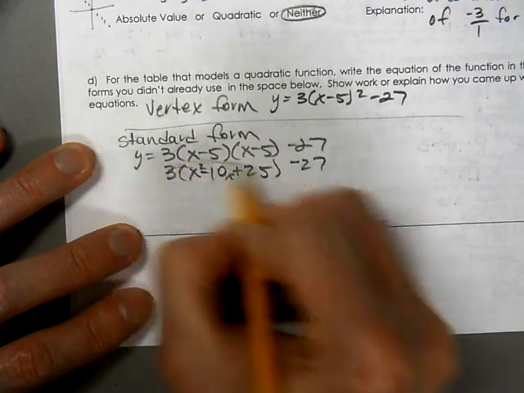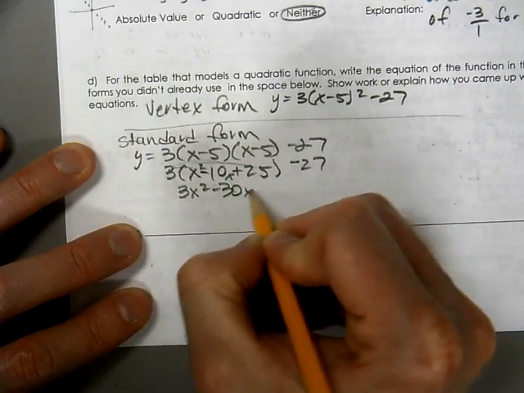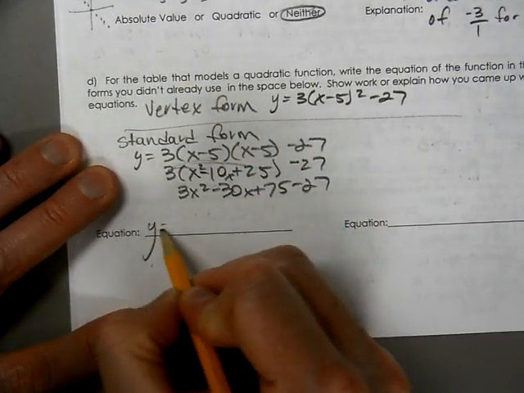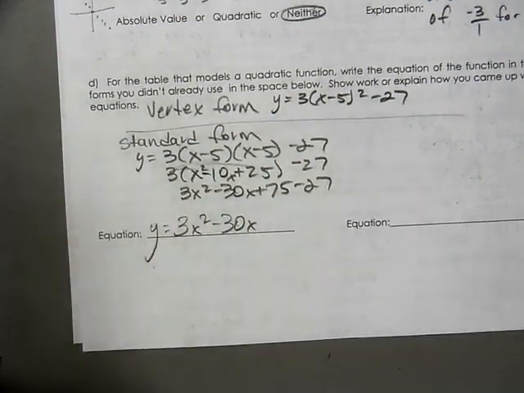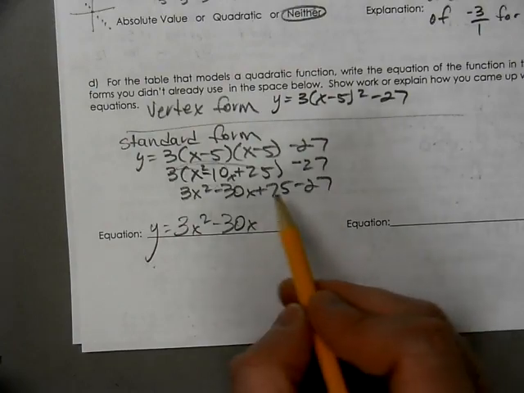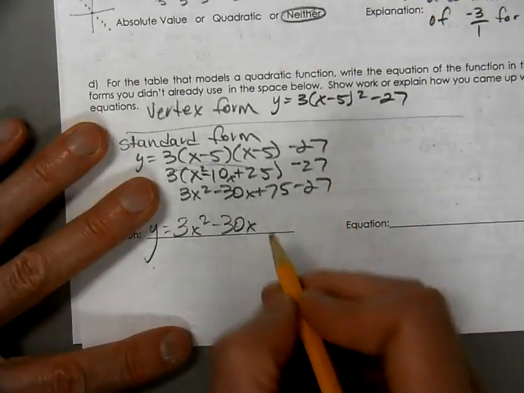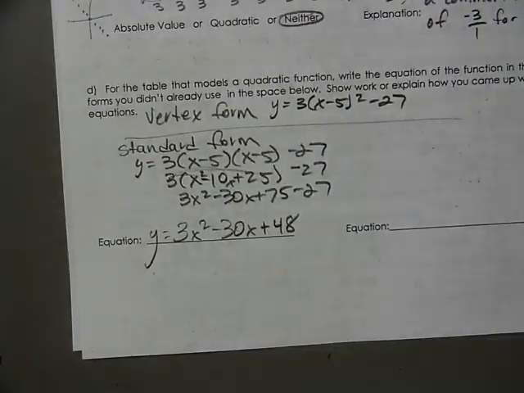We have x squared, and we multiply through to get 3x squared minus 30x plus 75. So our equation is 3x squared minus 30x. That would be 48. Positive 48.